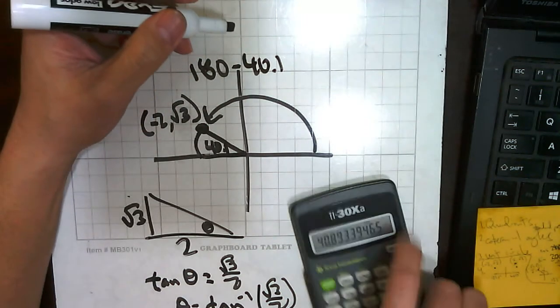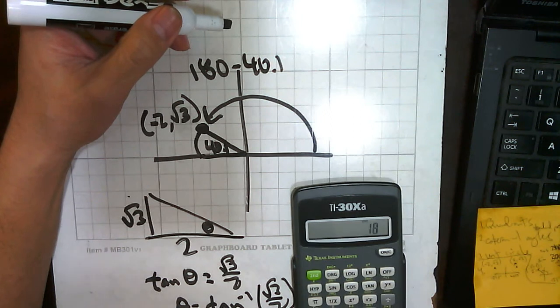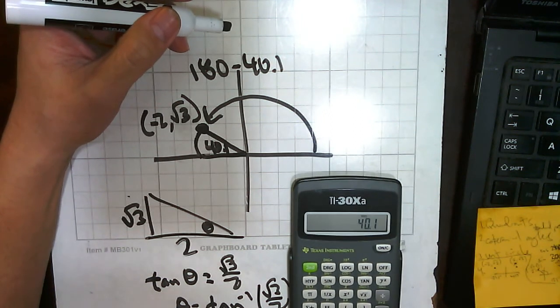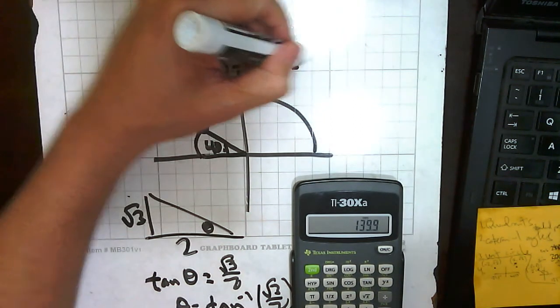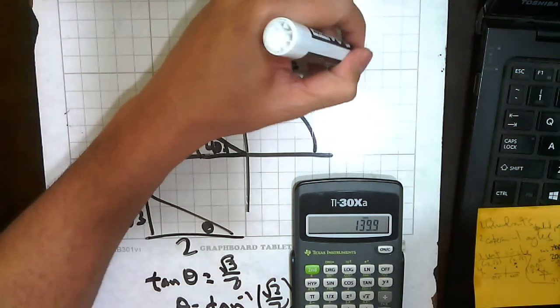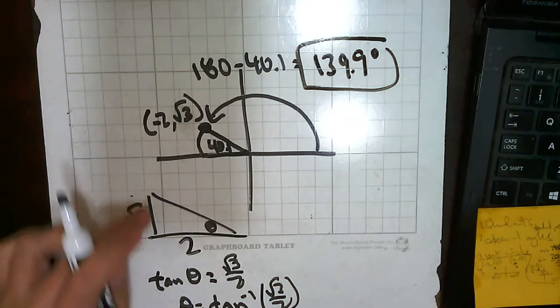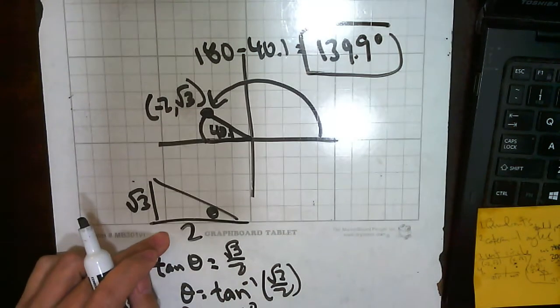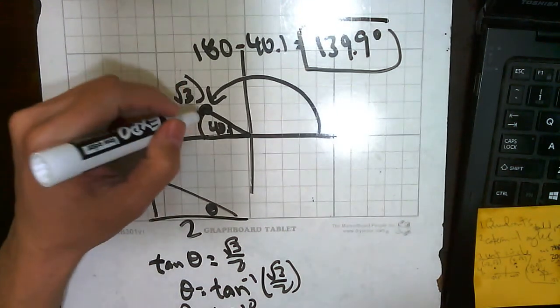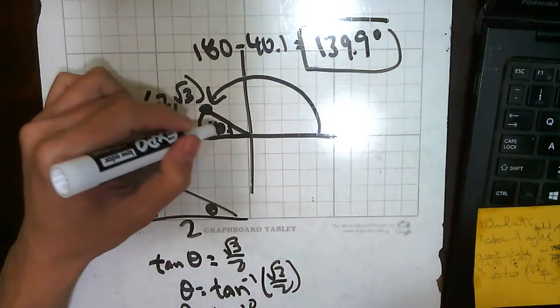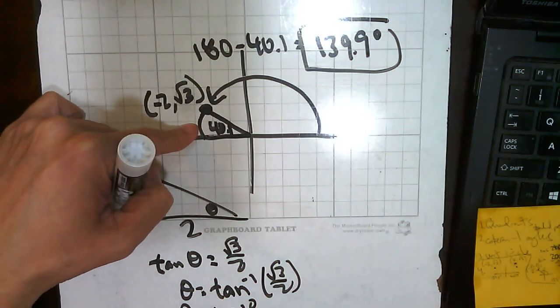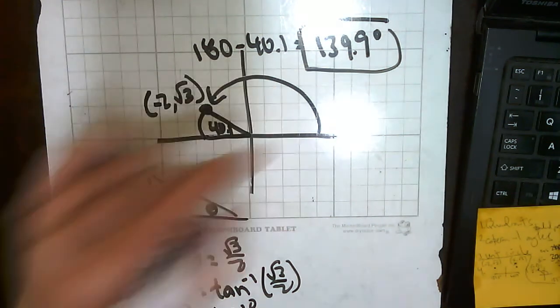I'm going to type that into my calculator, and you get 139.9 degrees. Again, we solved it the same way: we make a triangle, which gives me the angle on the triangle, this angle here. To get the full one, we do 180 minus that one.